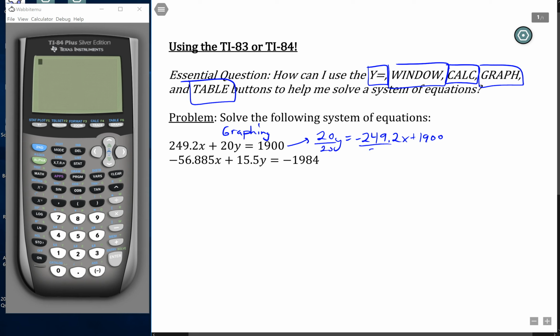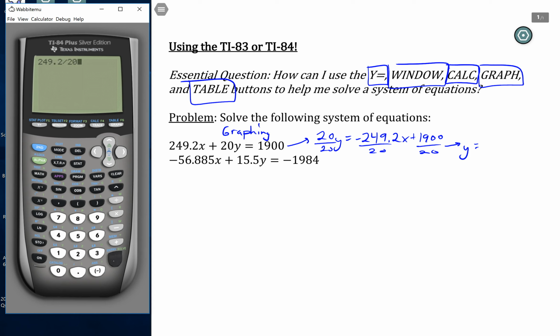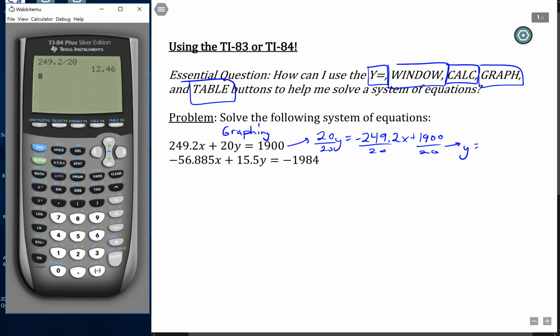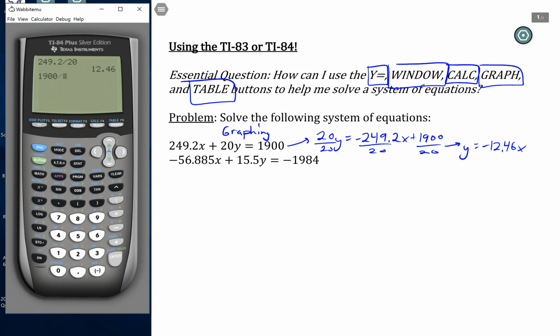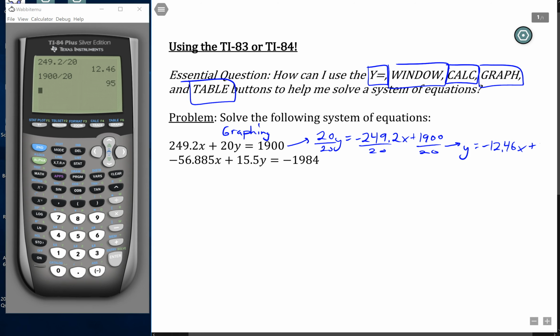So divided by 20, divided by 20. Okay, so y equals 249.2 divided by 20, which is negative 12.46x. And then 1900 divided by 20 should come out as a whole number at least: 95. Okay, so here's my one function.